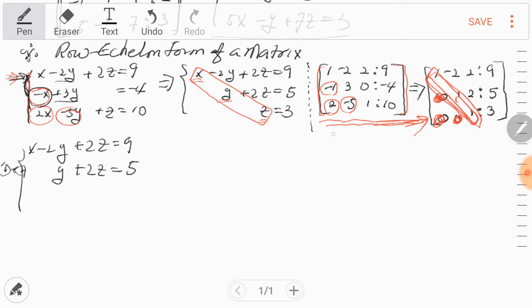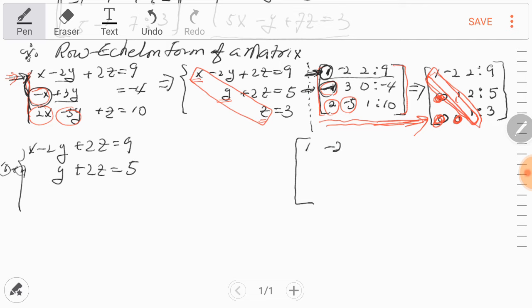How about the matrix? For this matrix, why don't we use the first row to eliminate this negative 1. The first number in the first row is 1, and this is negative 1. So why don't we just add the first row and the second row?